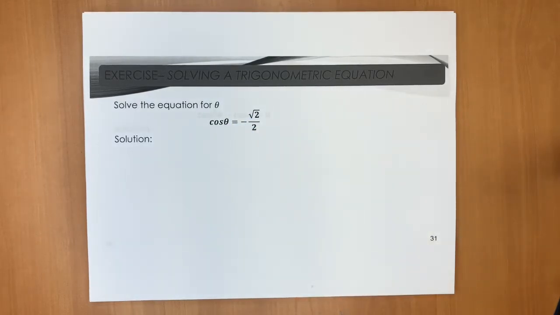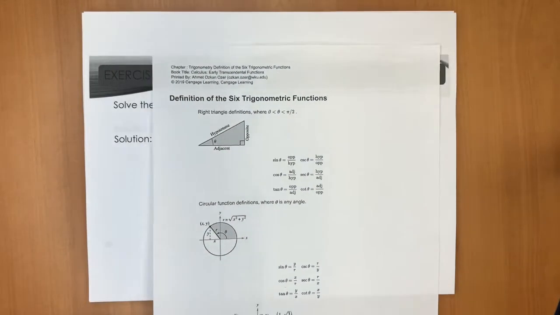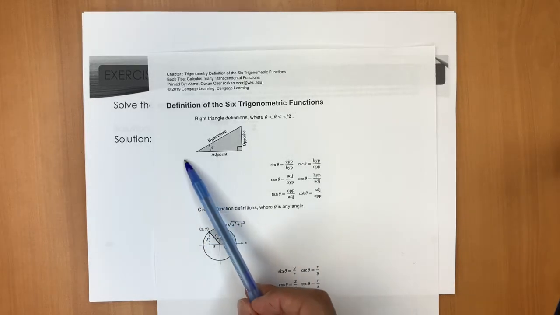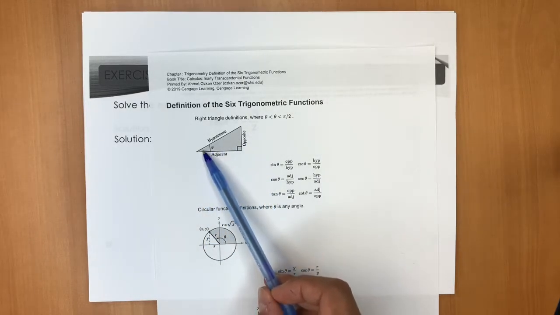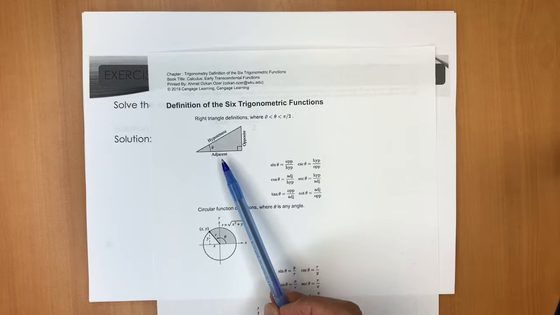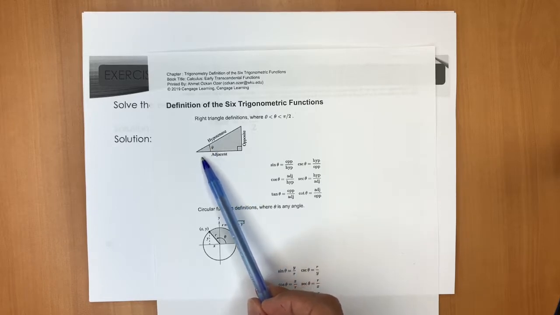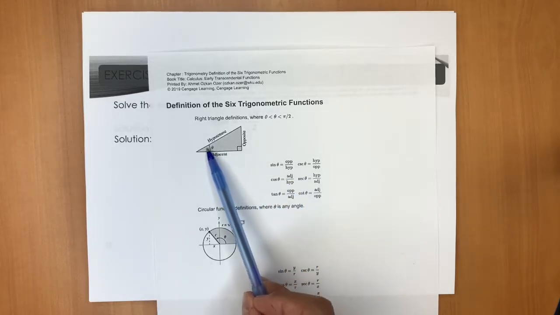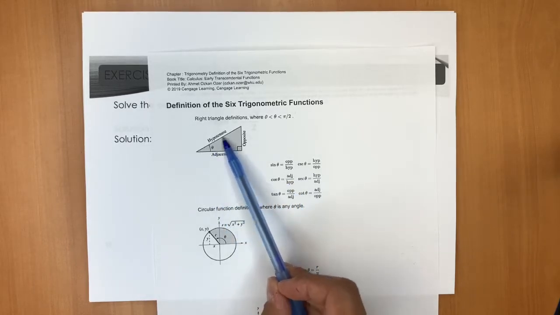All right? To be able to handle this problem, I just want to remind you a few facts from trigonometry. First off, if you have a right triangle, as you see, and the angle theta is placed here, cosine of that angle is defined as adjacent to that angle divided by hypotenuse.